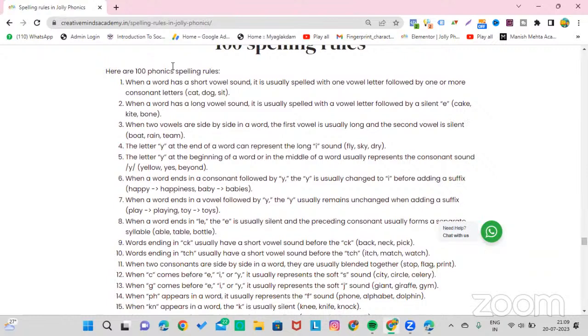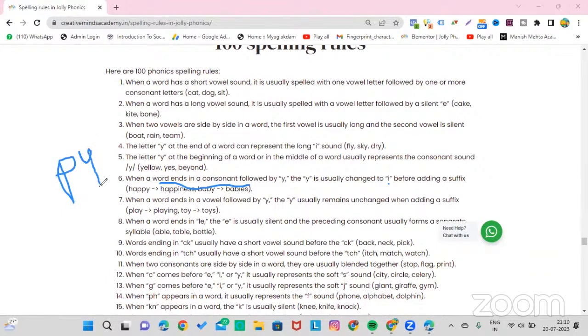So if the suffix is starting with I, when a word ends in a consonant followed by Y, there has to be a consonant, like in the word happy.